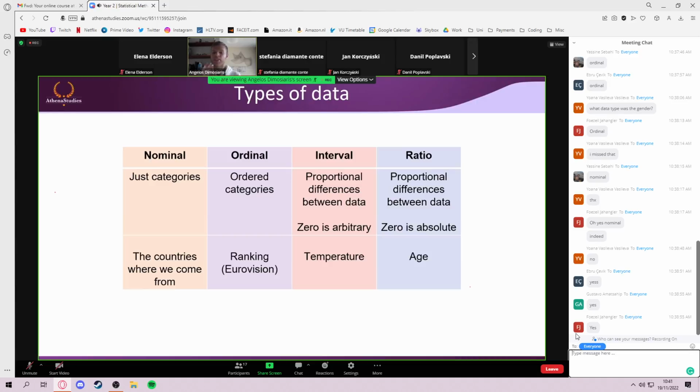If you have 0 weight, that means you do not have any weight at all. If you have zero income, you don't have any income at all. But in temperature, it's not the same. If you have zero temperature, you have a temperature out there.